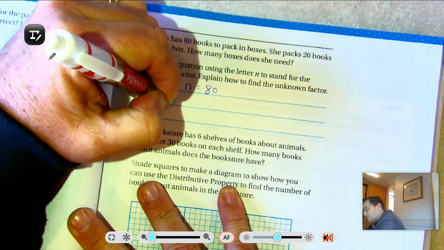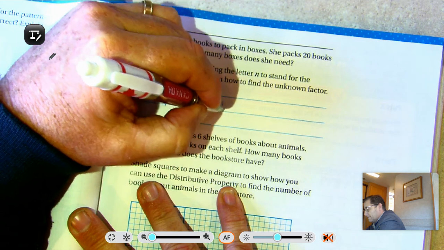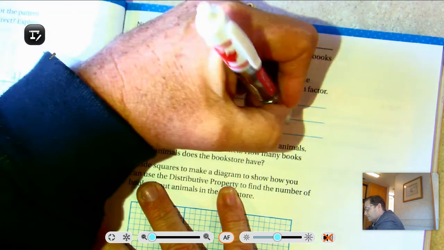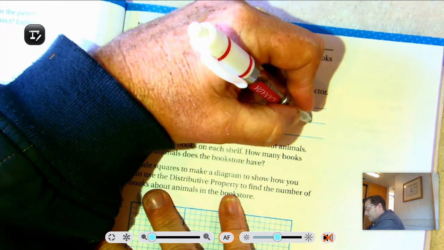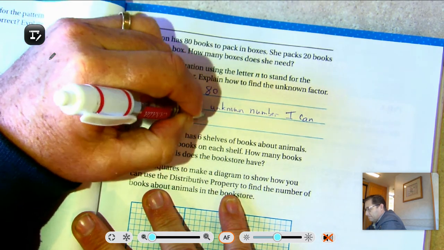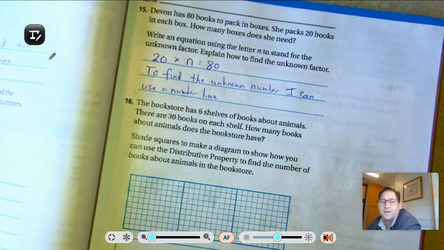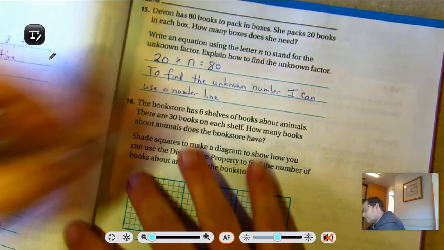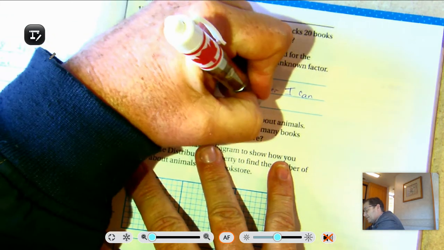To find the unknown number, I can use a number line. You could use a table. You could repeatedly add 20. So multiple ways to find the answer.